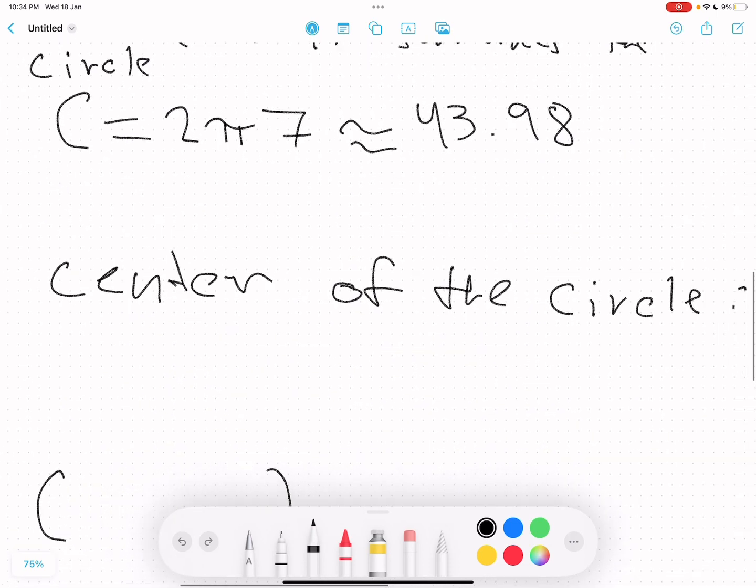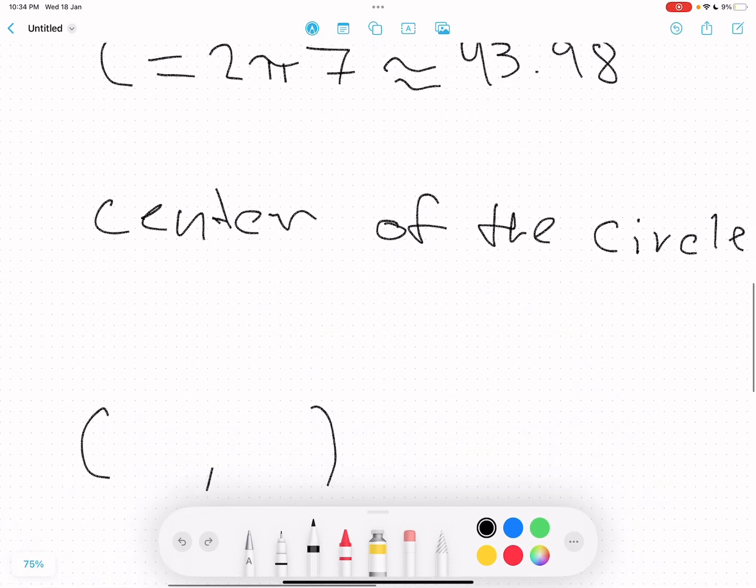Okay. Now the center of the circle. The center of the circle is also called the fixed point.